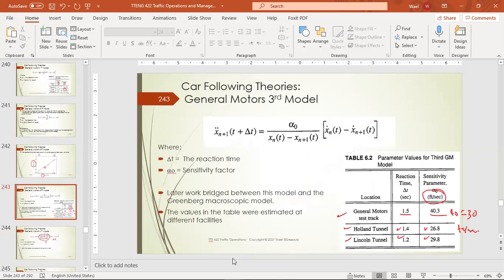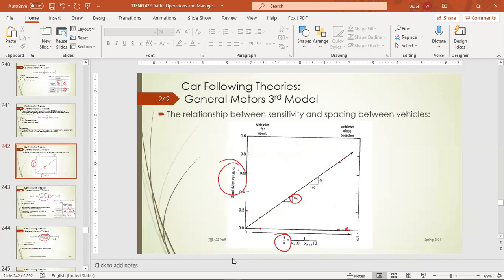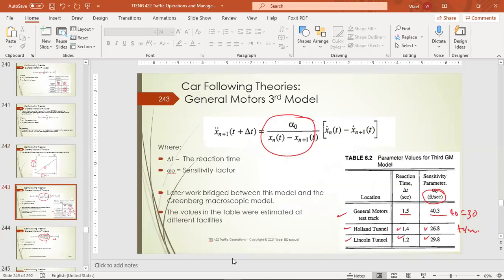So they came up with this term for sensitivity, which is alpha node. That's basically the slope of this relationship, of this line, divided by the distance between the lead vehicle and the following vehicle.